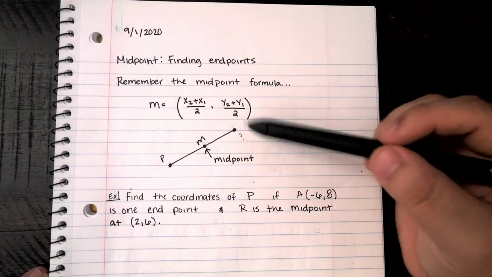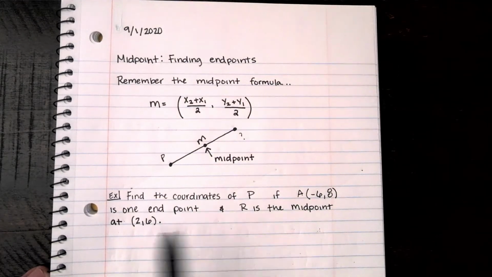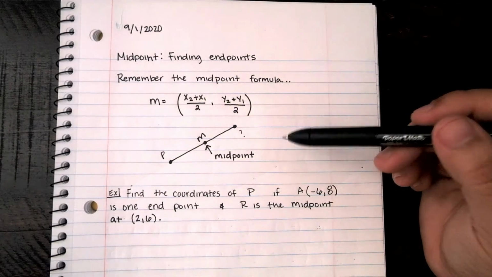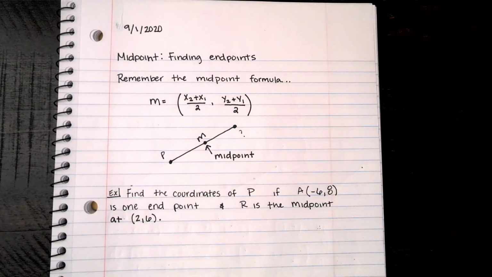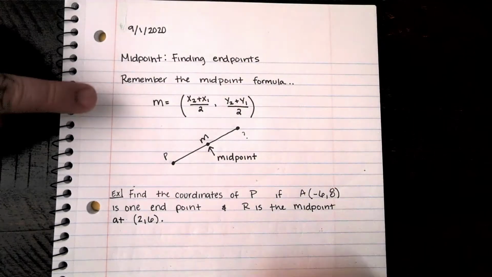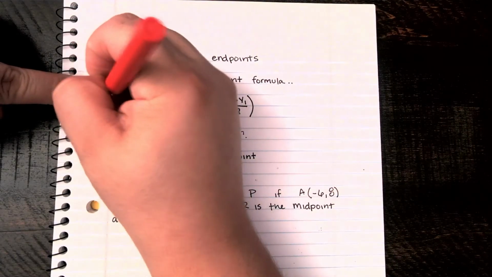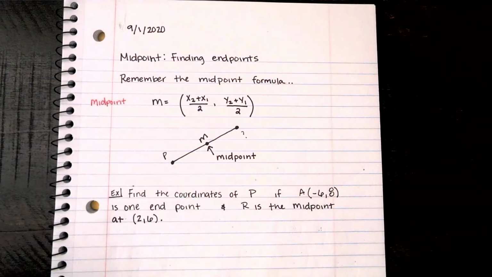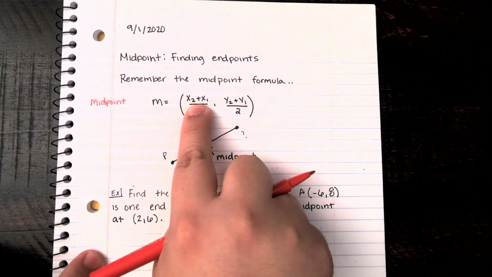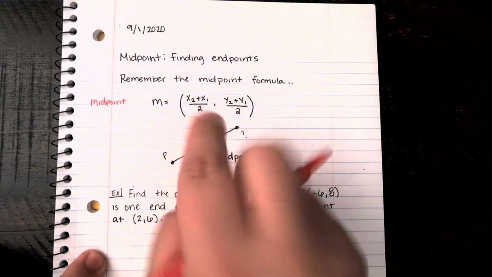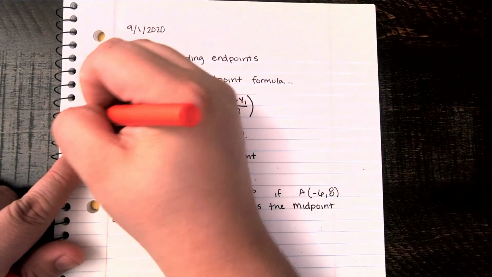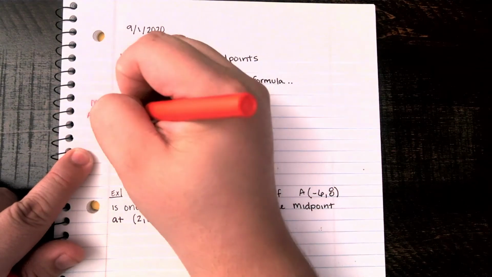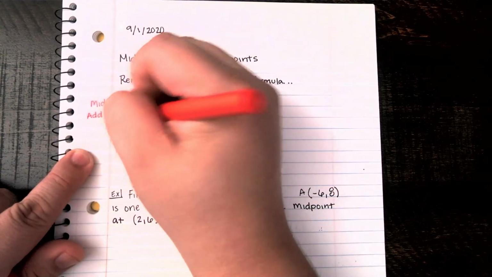So before we even start this problem down here, I'm going to show you a little trick on the side here, so it kind of makes sense. So originally, the formula, midpoint, I'm going to write midpoint here. All you have to do is add your x's, then divide by 2. So add x's or y's, okay?